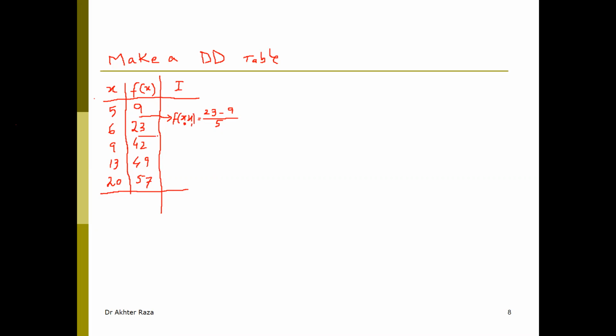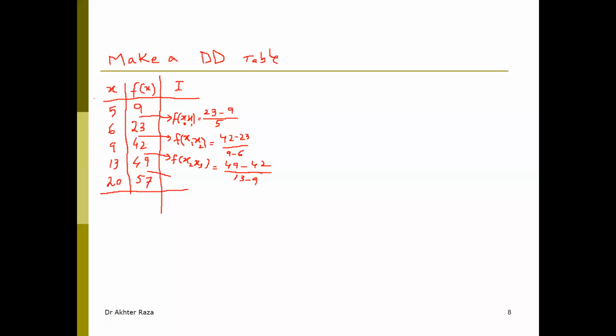Now the second value, f x1 x2, is equal to 42 minus 23 divided by 9 minus 6. Here we have the next value, f x2 x3. How is this computed? 49 minus 42 divided by 13 minus 9.